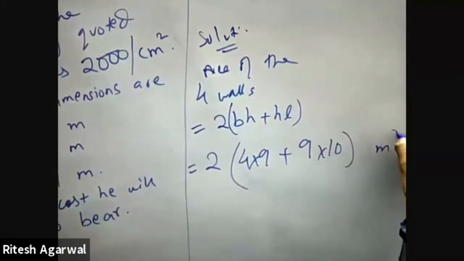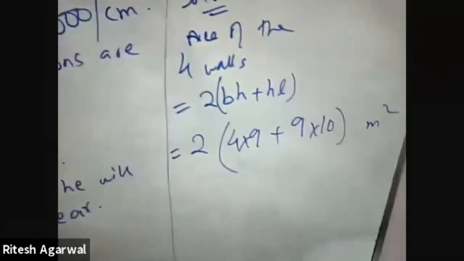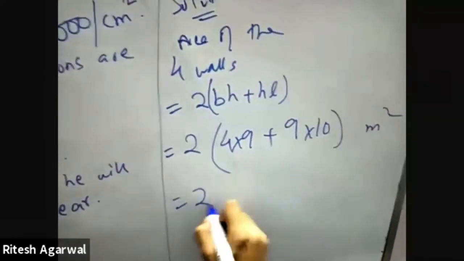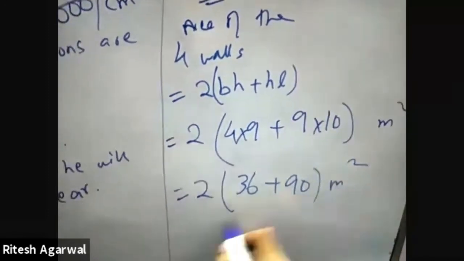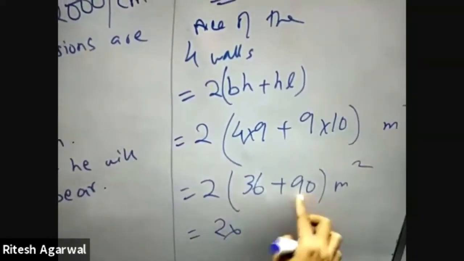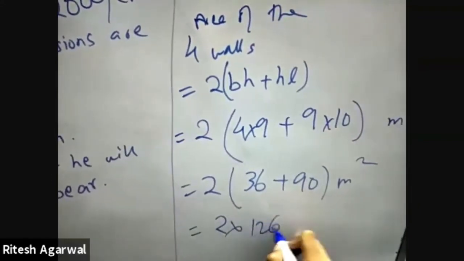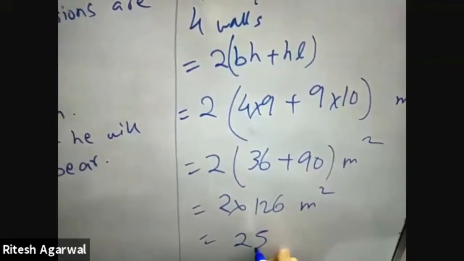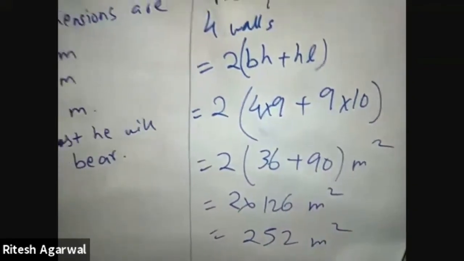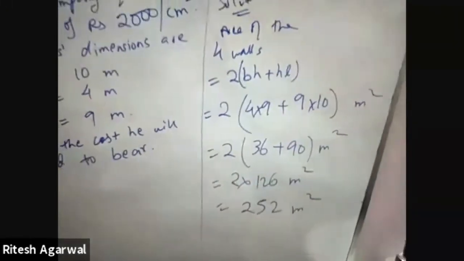This much square meter. Please remember we are finding area. Twice 36 plus 90 square meter, which is twice 126. So we are getting 252 square meter if I am not wrong. This is the area of the 4 walls.